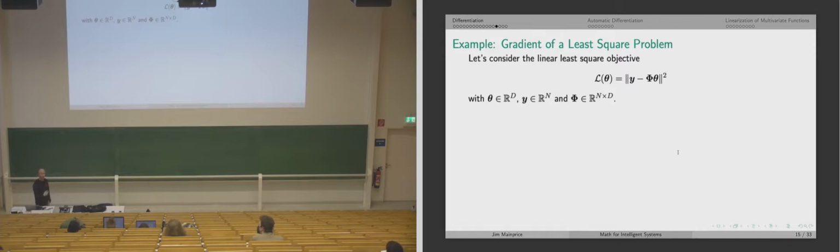When we say linear least squares, it means that there's a linear relationship between the parameters, here called theta, and the output, and this linear relationship is through the matrix phi.